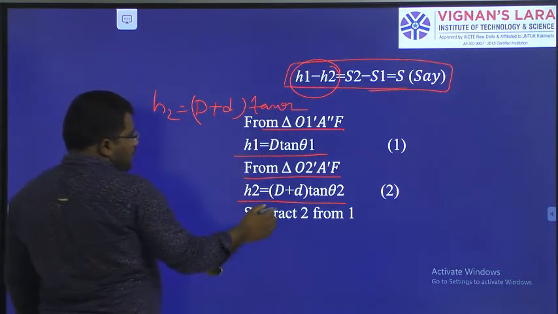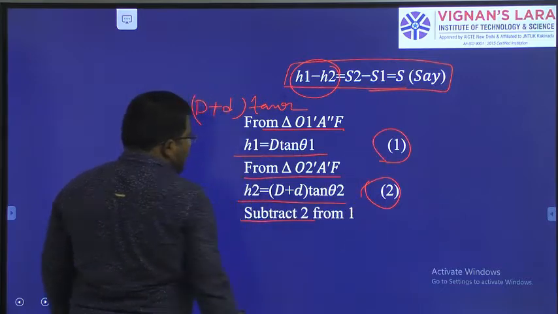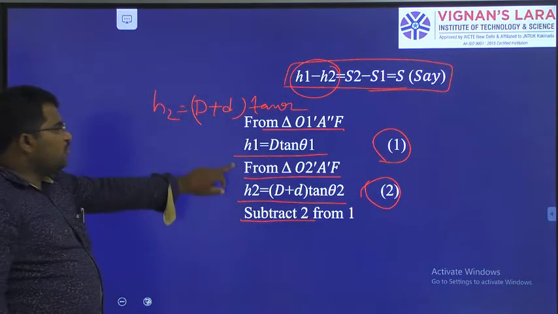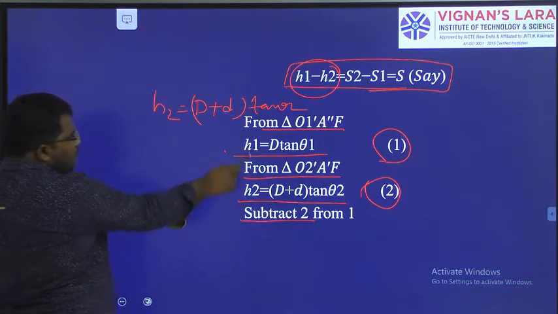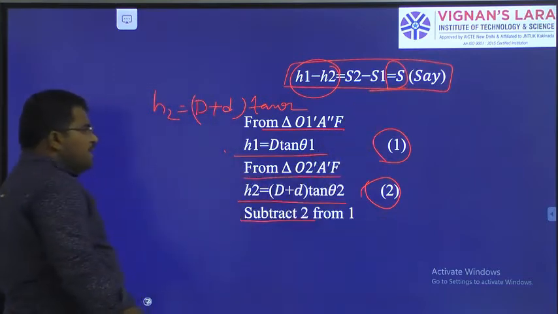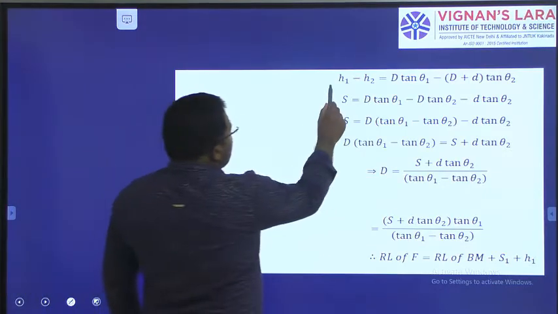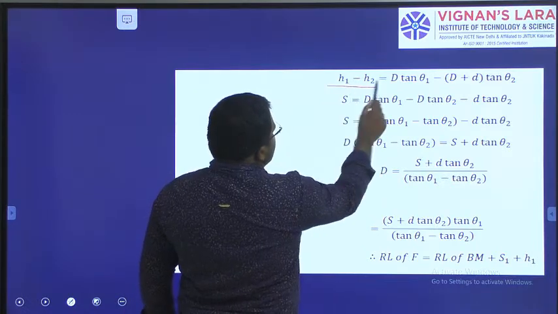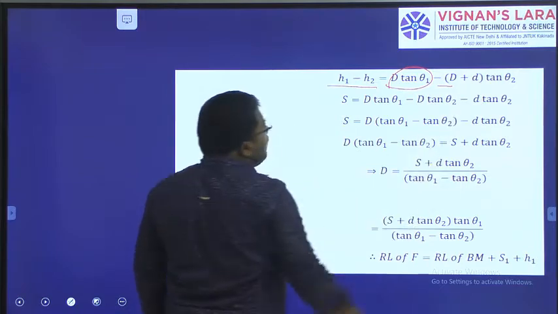Now, by subtracting equation 2 from 1, what do we get? We get H2 minus H1, which equals, we will see here, H1 minus H2, that is D tan theta 1 minus (D plus d) tan theta 2.